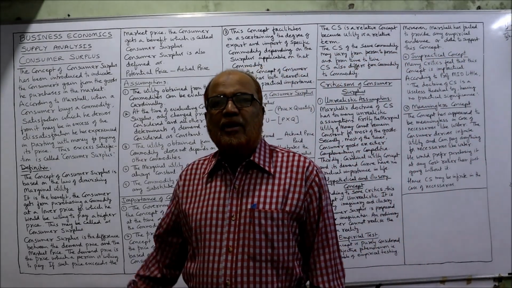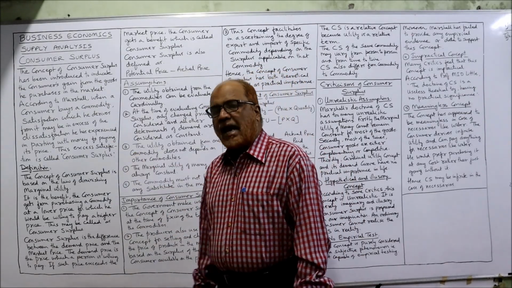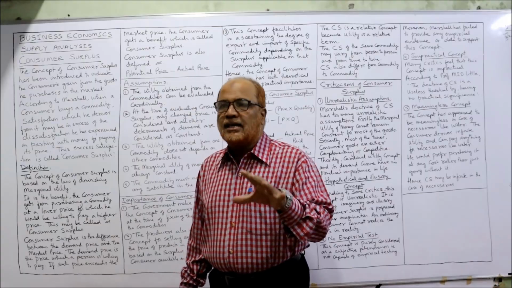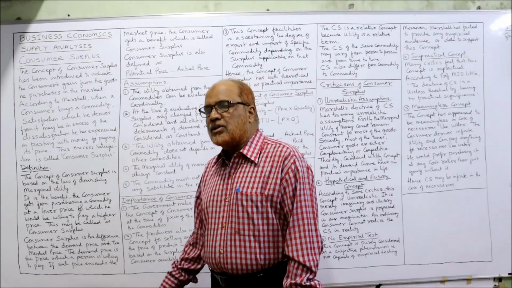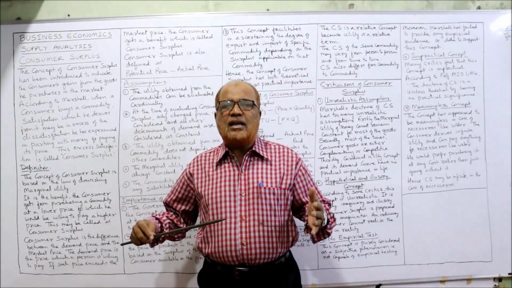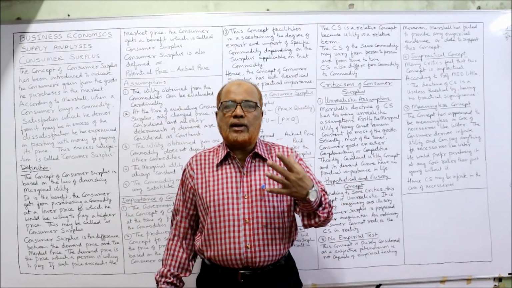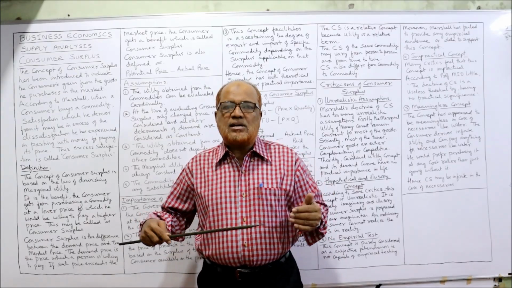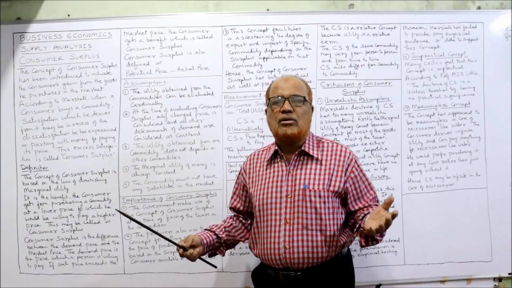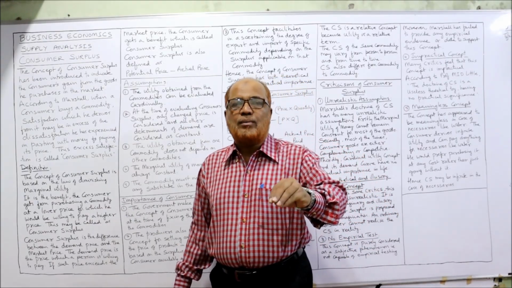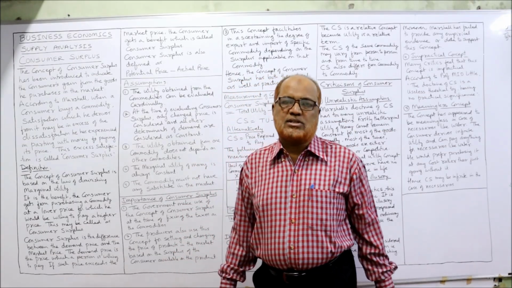Now, the concept of consumer surplus has been introduced to indicate the consumer's gain from the goods he purchases in the market. A consumer will purchase a number of commodities in order to satisfy their wants. When he purchases the goods, he is getting satisfaction. At the same time, he is getting dissatisfaction from the money he is paying for the purchases.